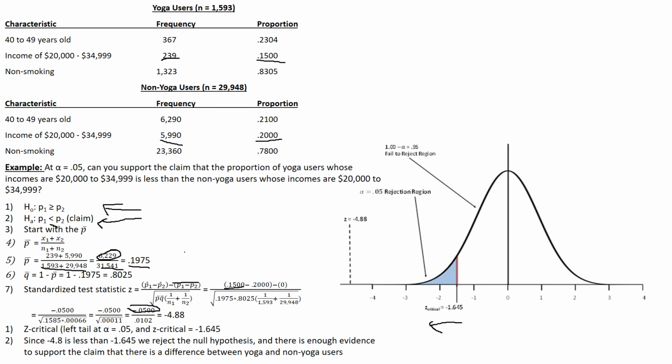My denominator is P bar times Q bar, which we figured out, 0.1975 times 0.8025, is 0.1585. Then times 1 over 1,593 plus 1 over 29,948, which is 0.00066. We did this previously. When I multiply these out, I get 0.00011. The square root of that is 0.0102. Negative 0.0500 over 0.0102 is negative 4.88.